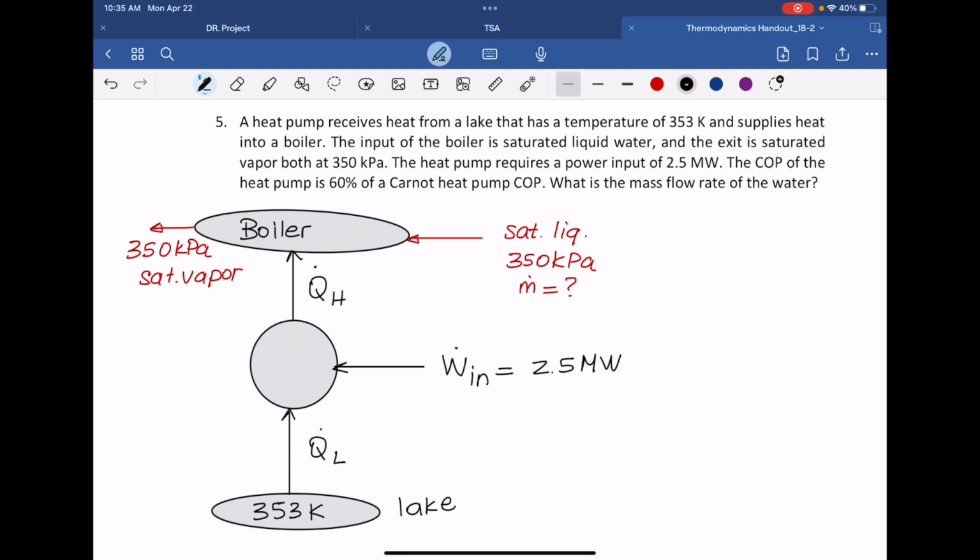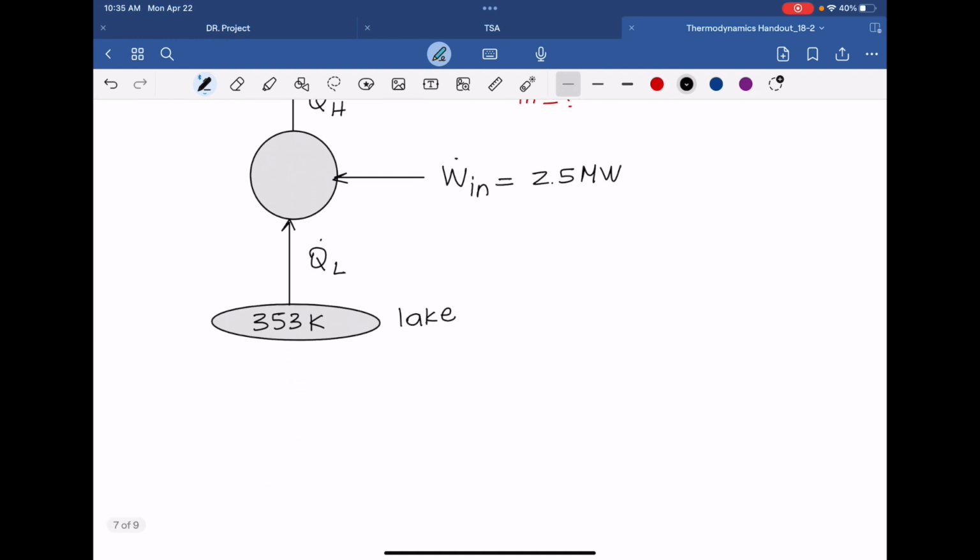But in real life, it is 60% of that COP. That is what the problem statement says. So what we can do is start with finding the Carnot heat pump efficiency, which is the COP, of course, and then take 60% of it, which is going to give us the actual COP of the heat pump that we observe here. So we can start with that.